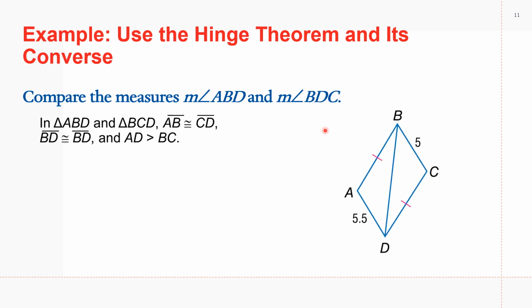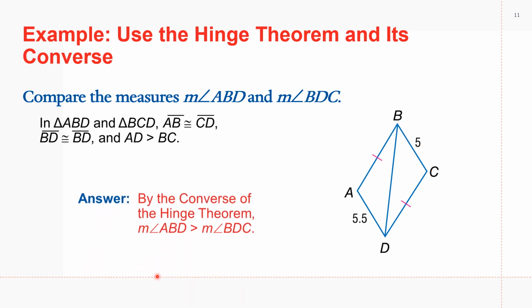So BD is this one, no? They are reflexive. And AD is greater than BC, of course. Okay, so by the converse of the Hinge theorem, we could say that angle ABD is greater than the measure of angle BDC.